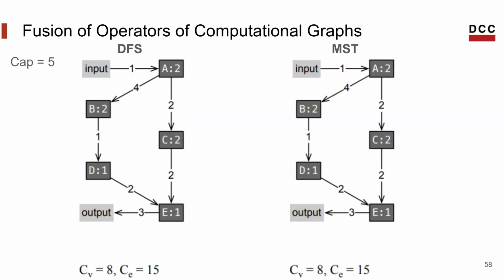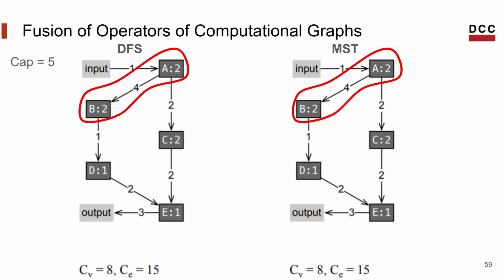To compare with MST, I will use the DFS algorithm on the left side. Cadence uses the DFS algorithm to choose the fusion. The reason for this is because it is fast and in general we have good performance.